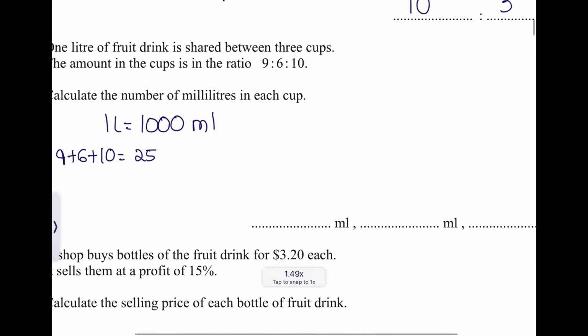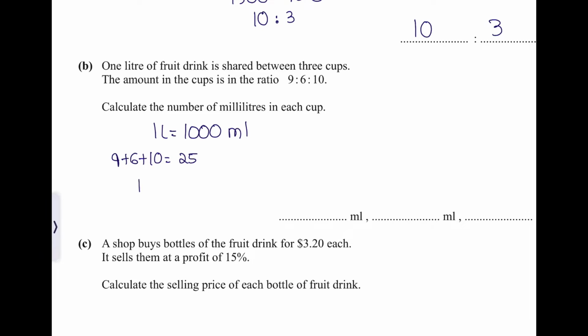To calculate each of the 3 answers, I would do 9 over 25 into 1000, 6 over 25 into 1000, and then 10 over 25 into 1000 as well.